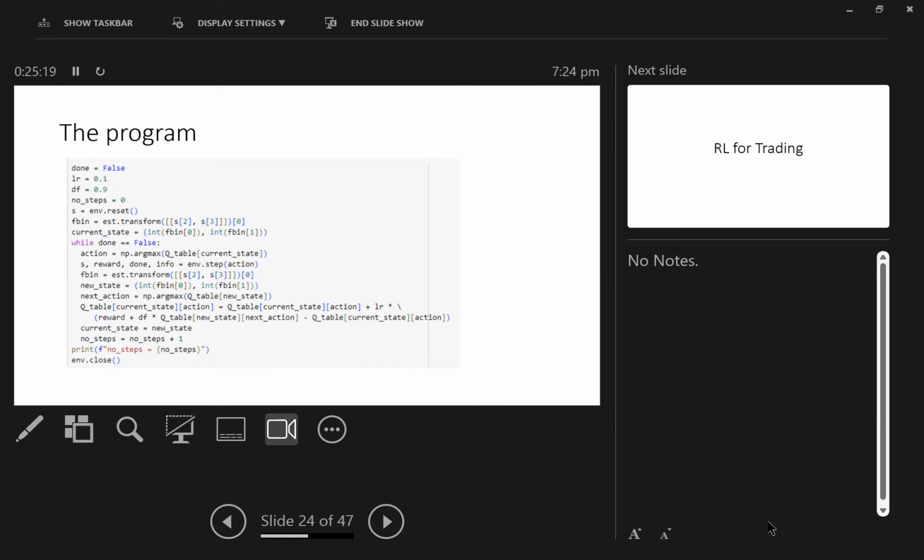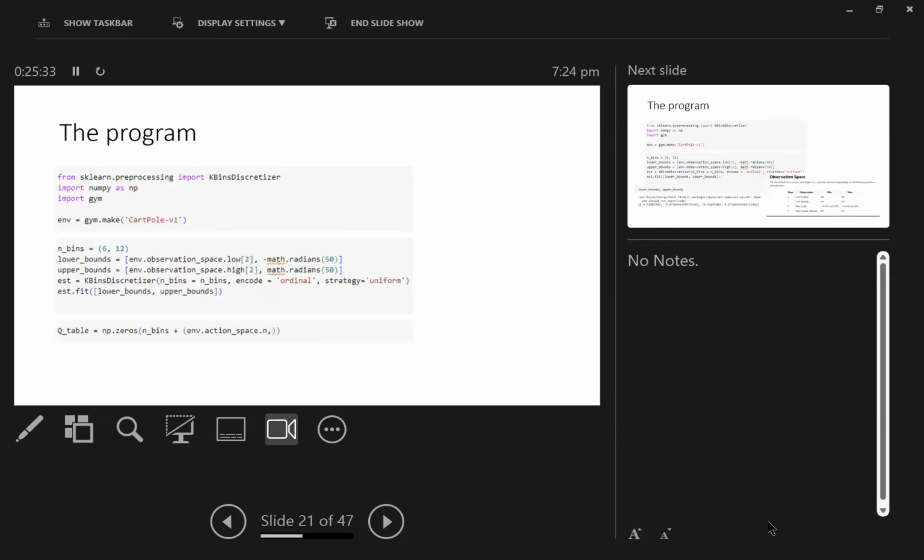Okay, this is the learning rate. You see that it is only 0.1, and then the discount factor is 0.9. Discount factor 0.9, okay, is large. So remember that this is the discount factor.